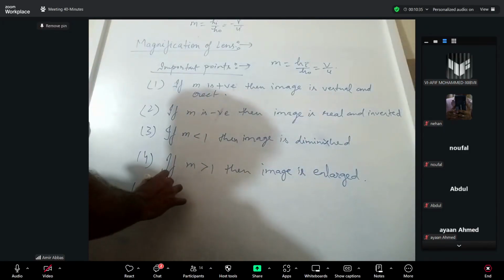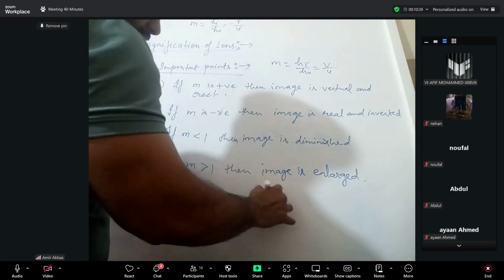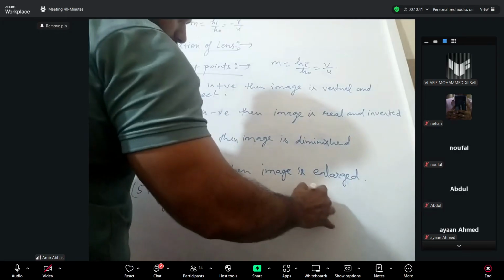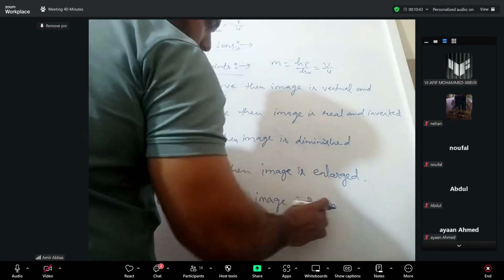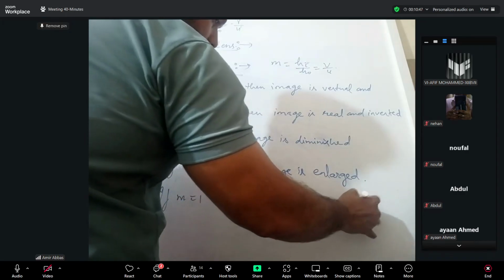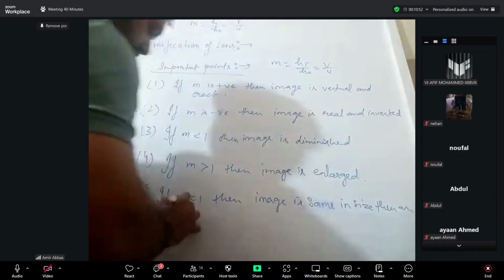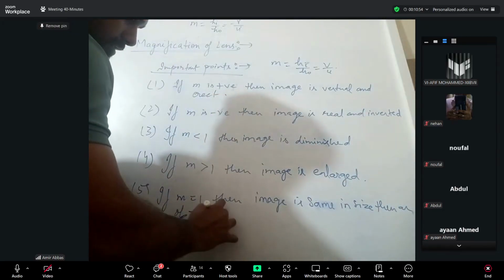Fifth, if M is equal to 1, then the image is the same in size as the object. Have you got this, beta?